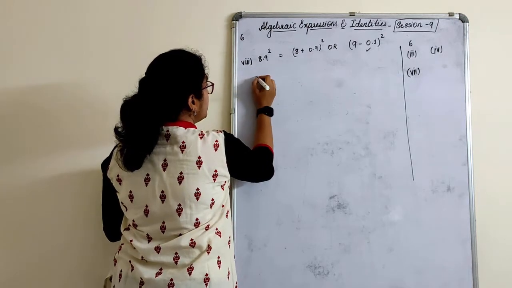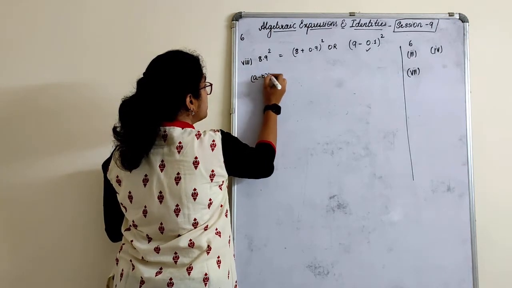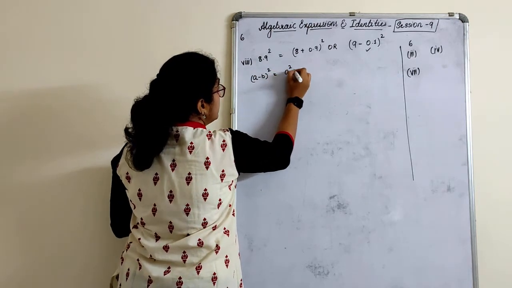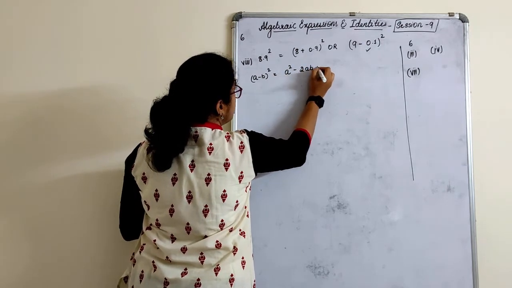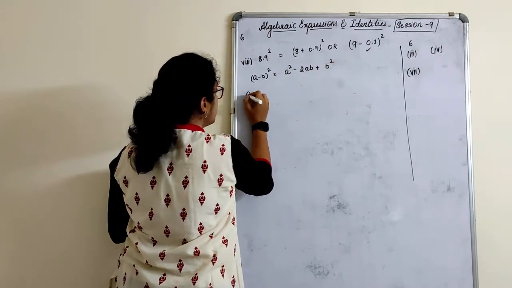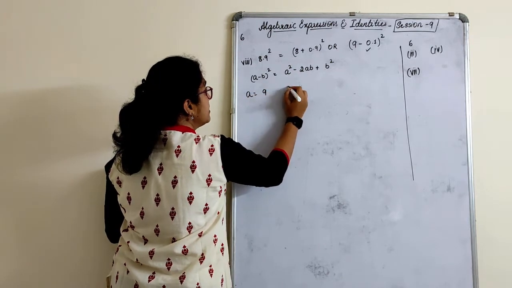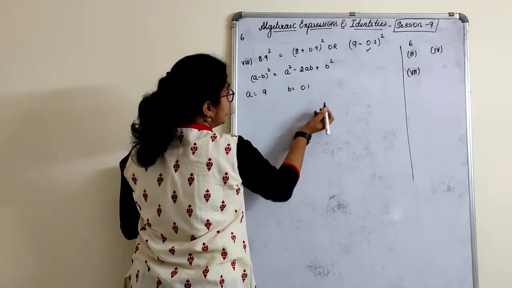According to the rule here, my formula is a minus b whole square, a square minus 2ab plus b square. Your a is 9 and your b is 0.1.